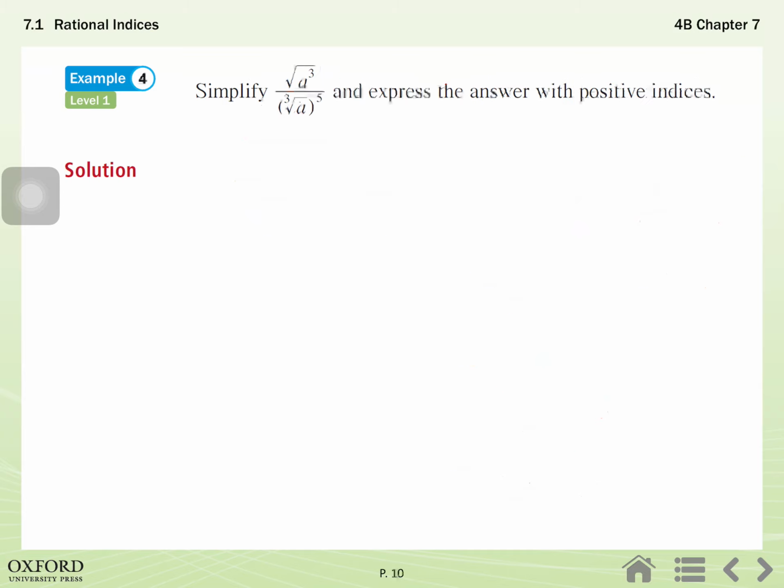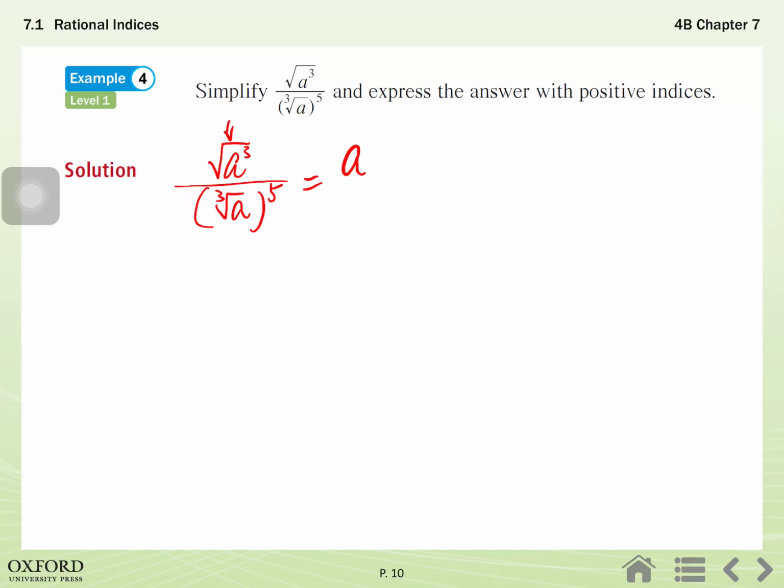Example 4. So you are told to simplify this one. So remember, they are not the same. 1 over 3 is inside the root, 1 is outside, which is a cube root. Now we turn this symbol into a rational number.